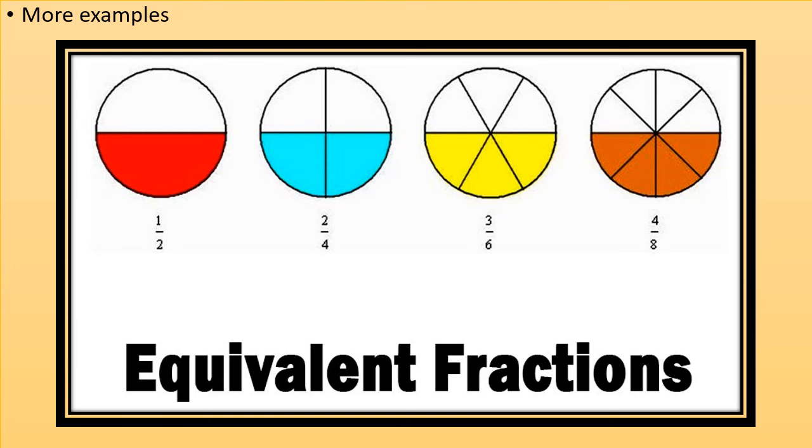And in third circle, it is divided into 6 equal parts, out of which 3 are shaded, so it represents 3 by 6. And next, out of 8 equal parts, 4 are shaded, so it represents 4 by 8. But in all these, half of the circle is shaded, so the same amount of area is shaded, so they are equivalent fractions.